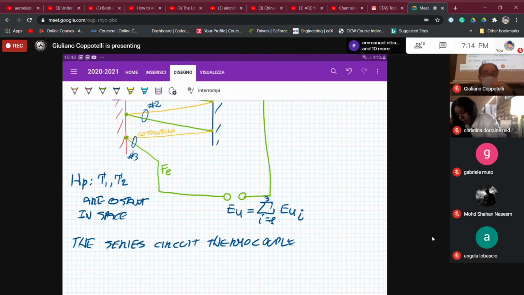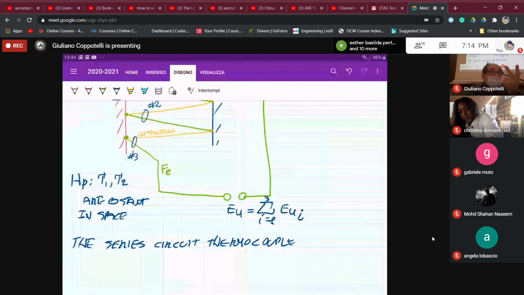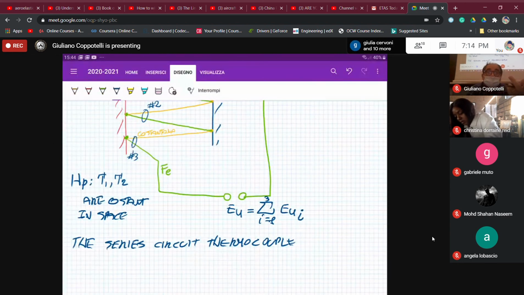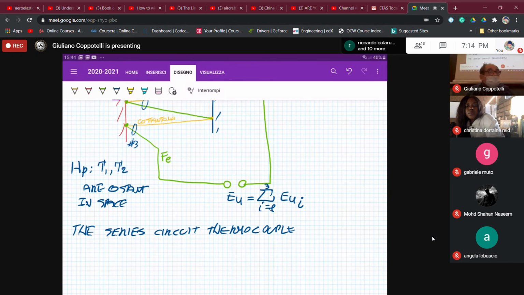So this total thermocouple composed of 3 has a sensitivity, that is, the output tension is 3 times the output tension of each thermocouple. So we increase by a factor of 3 the sensitivity of the overall measuring circuit. So if we have n thermocouples, we increase by a factor n the overall sensitivity with respect to the sensitivity of each thermocouple.